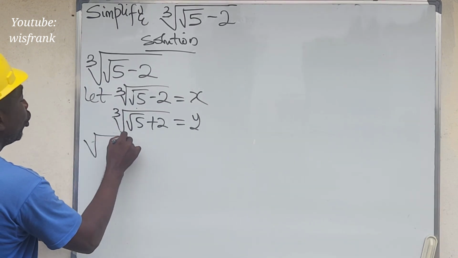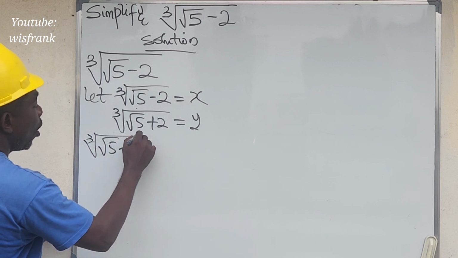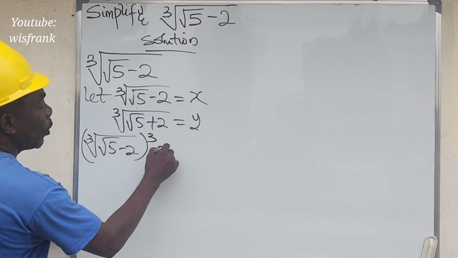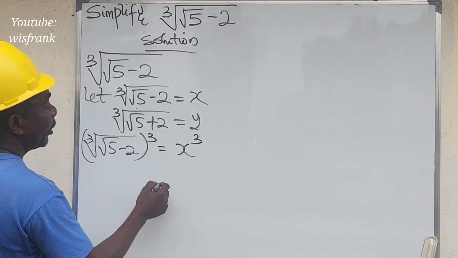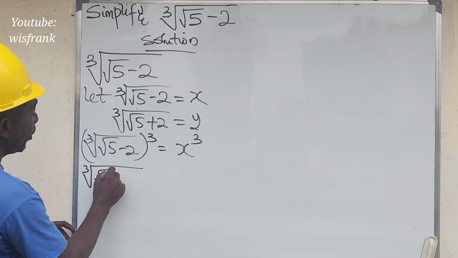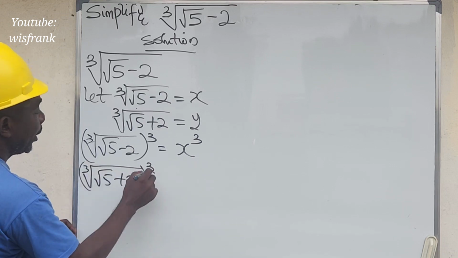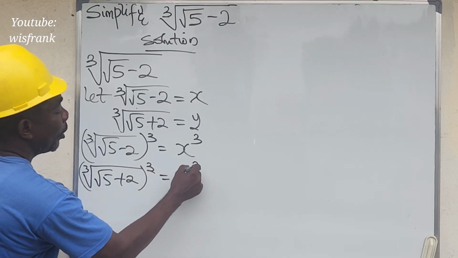This will become cube root of square root of 5 minus 2, all to the power of 3, equals x to the power of 3. Then for y, we have cube root of square root of 5 plus 2, all to the power of 3, equals y to the power of 3.